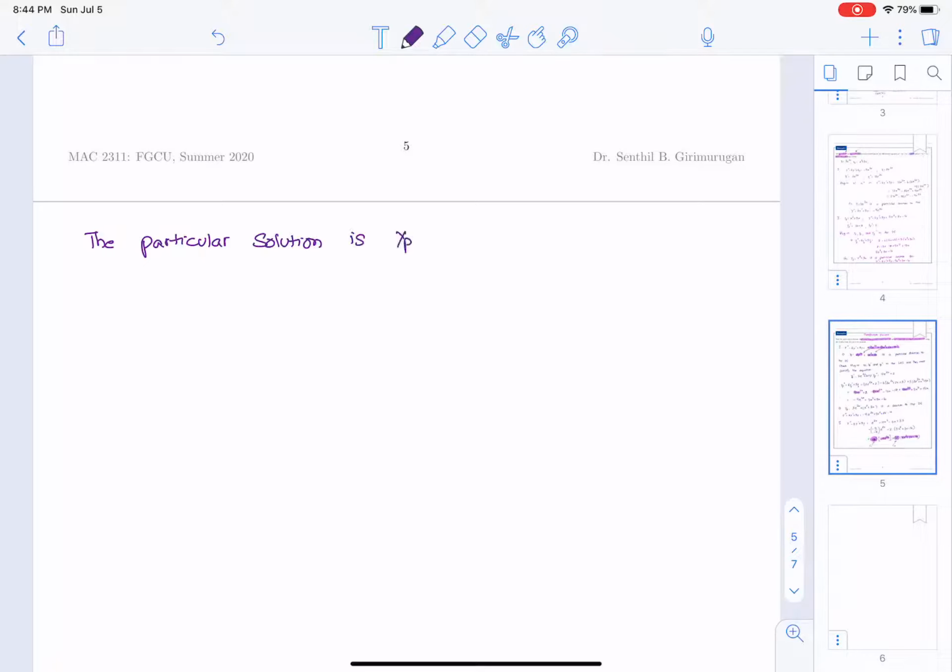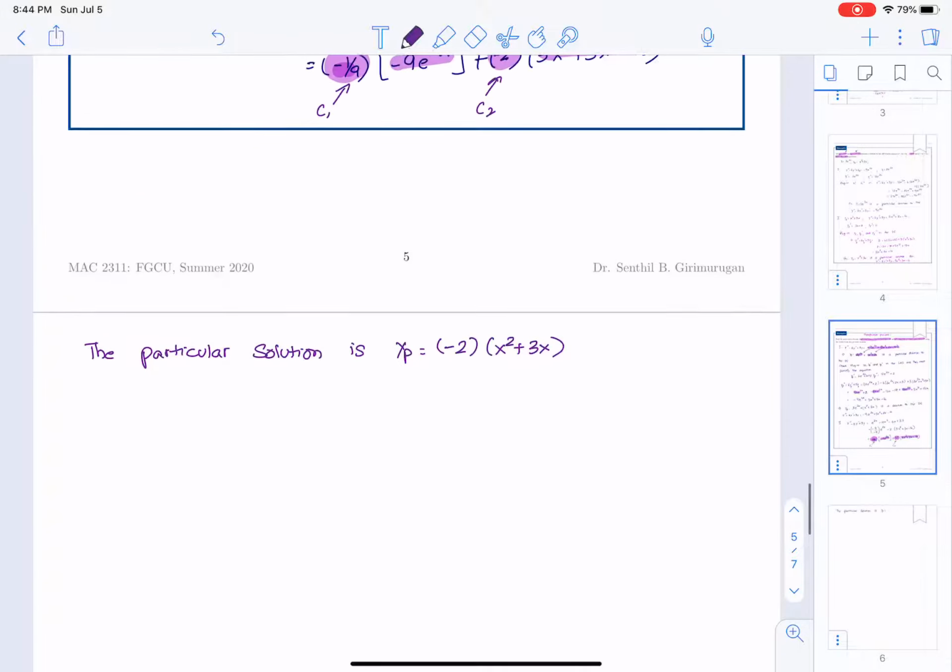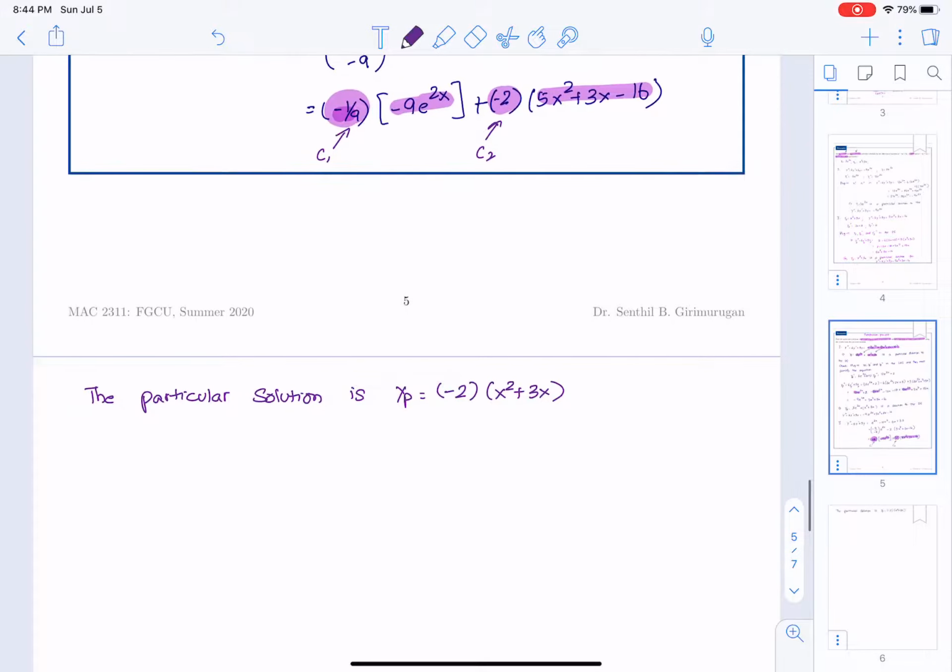is yp equal to negative 2 times the solution to the right-hand side 5x squared plus 3x minus 16, negative 1/9 multiplied by the solution for the right-hand side negative 9 e raised to x, which is 3 e raised to x.